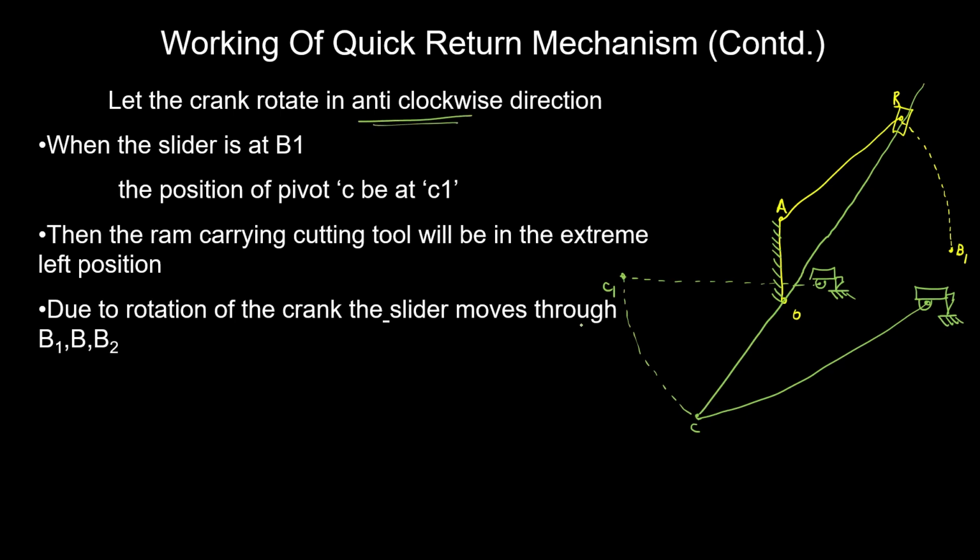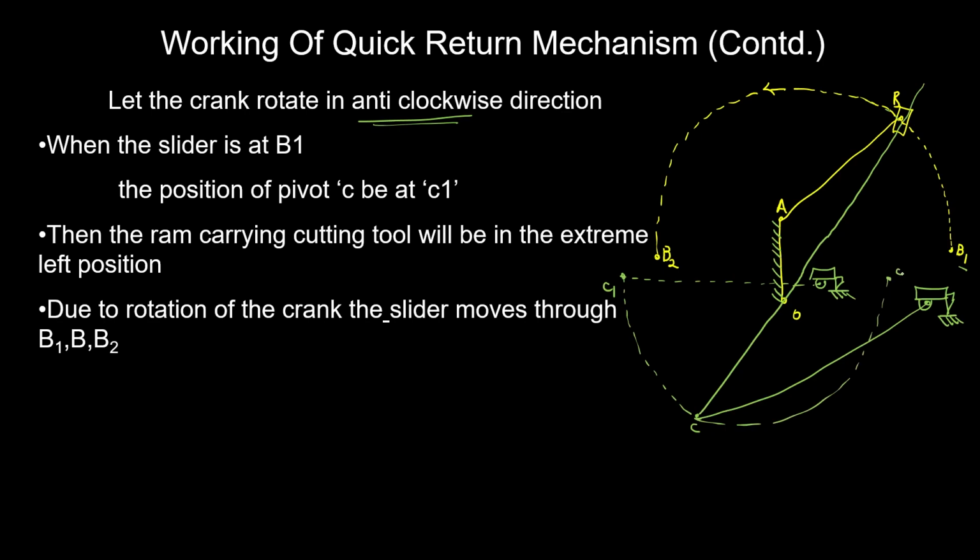Due to this motion, the point B is following the path B1, B2. Let me change the color over here. It is going to follow the path B1, B2 in the counterclockwise sense. Let's say this is B2. This is the path followed by point B. Same way, the point C is going to follow the path C1, C and C2.